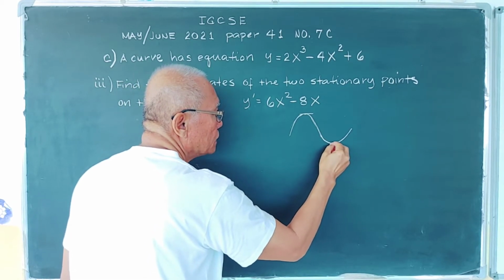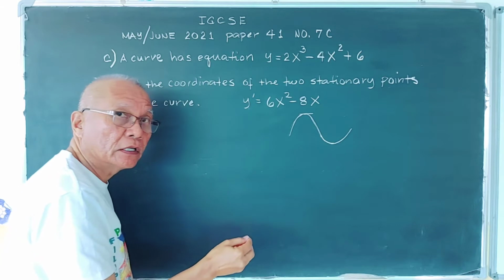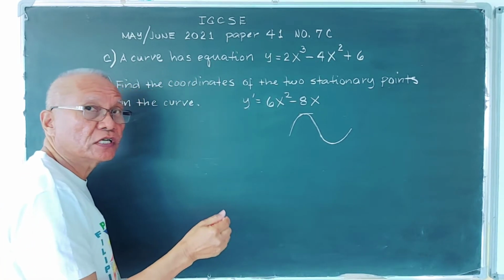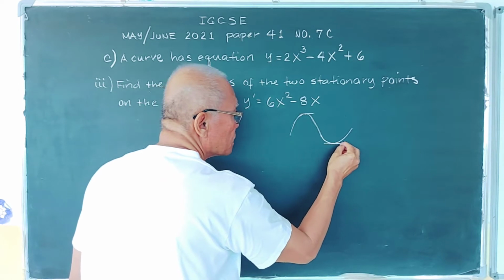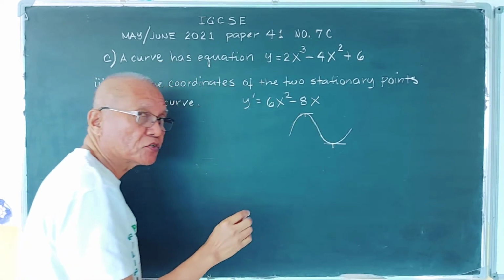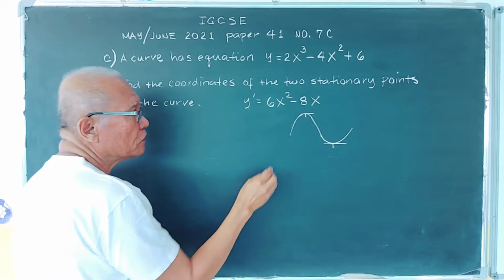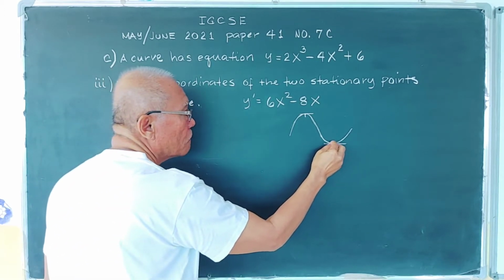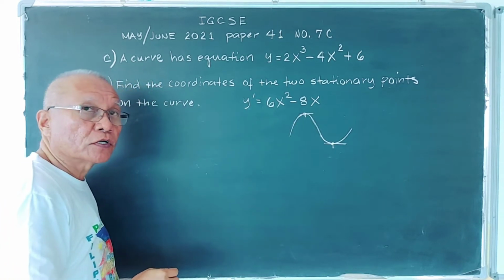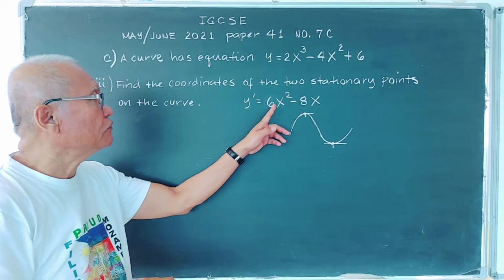Now if we have a minimum, it could be like that one, the point here. The curve at this point is not changing because this one is stationary. This one is another stationary point. Now, we are going to find the coordinates of these two. So first, we can find the value of x.